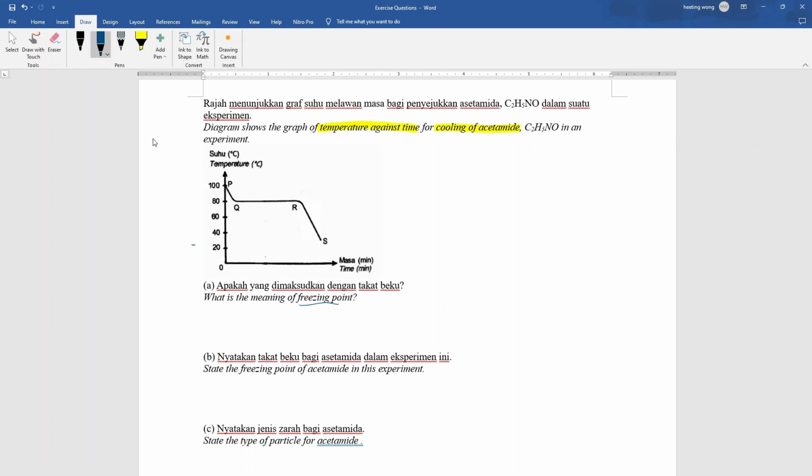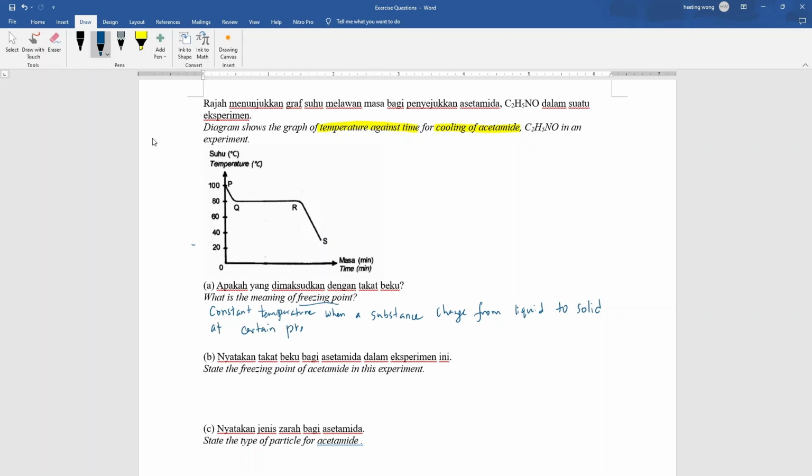Okay, first you must mention it is a constant temperature when a substance changes from liquid to solid at a certain pressure.